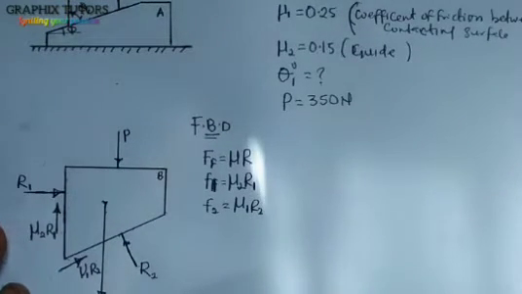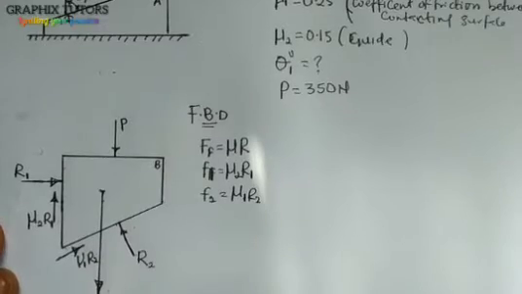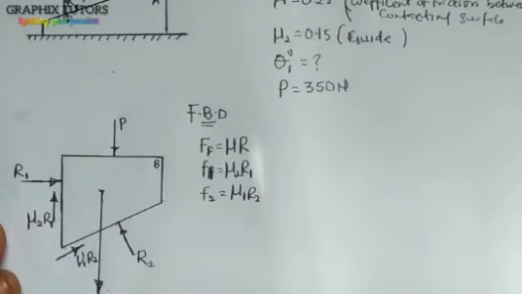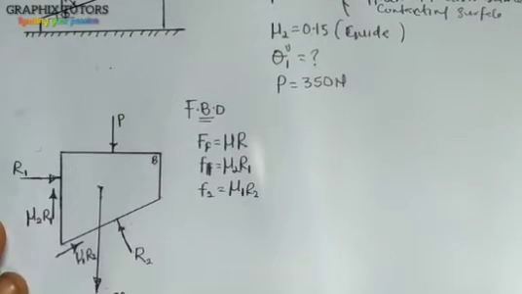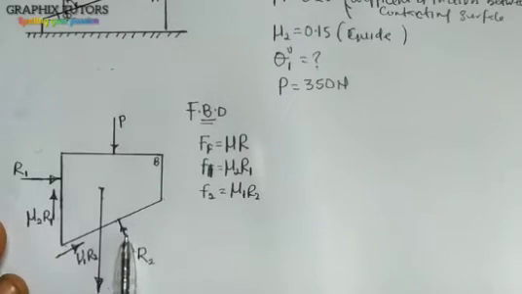Now, there are two things that we need to take into consideration. The first is that these two forces, R2 and mu1 R2, are inclined. So I have to resolve them.